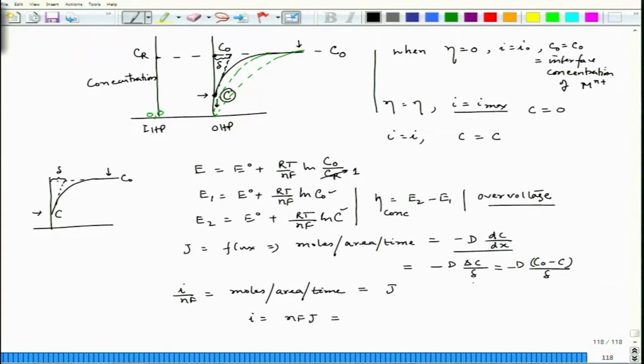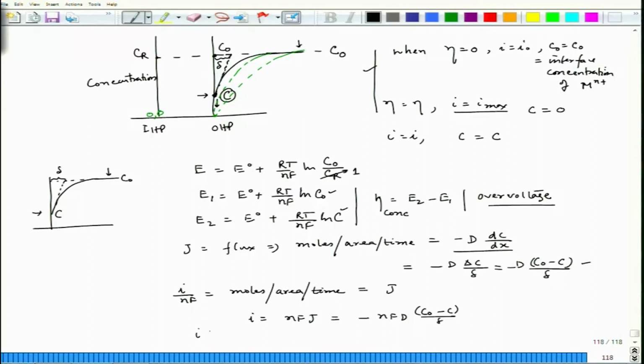So, I put this particular situation as minus nFD into C 0 minus C by delta. Now, I use these two conditions.